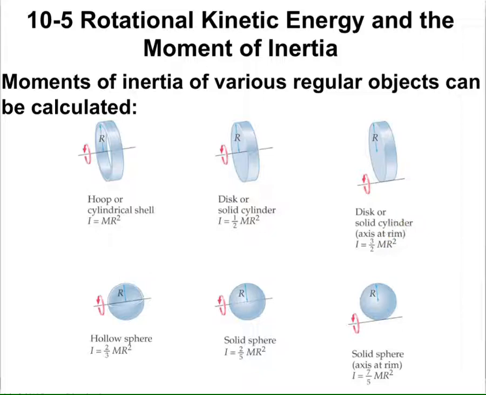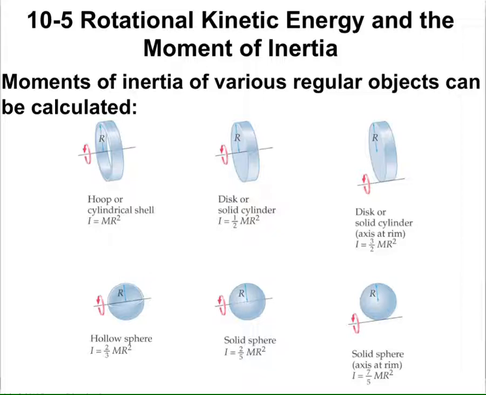The moment of inertia depends both on the location of the rotational axis and on the geometry of the object. In that case, for example, the moment of inertia will not be equal to 1/2 mr square, but 3/2 mr square.